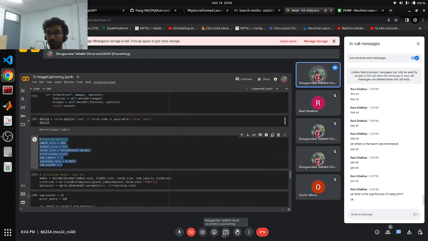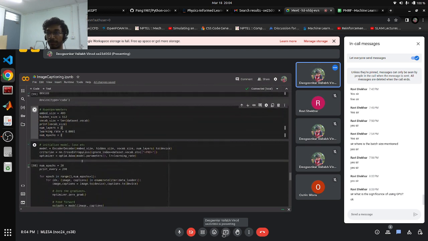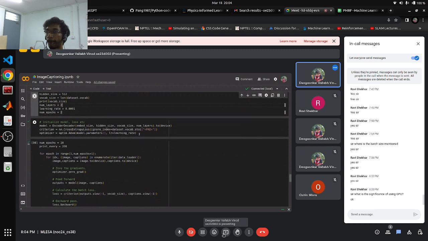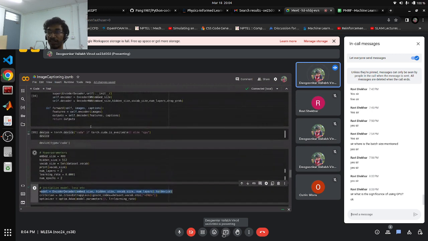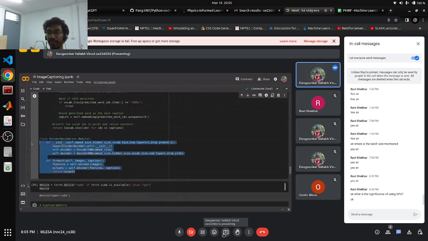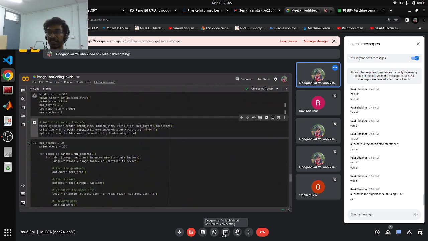Here are some more hyperparameters related to this model, and some functions that are going to be used. I'm defining the model as this encoder decoder model. I defined the class over here, and I'm creating an object of that class and calling it model.